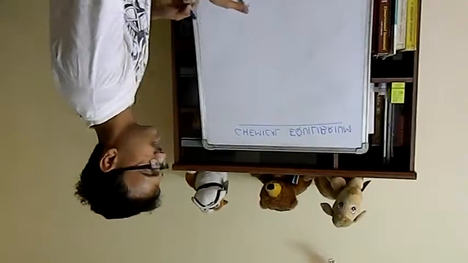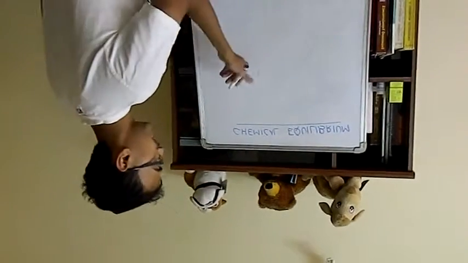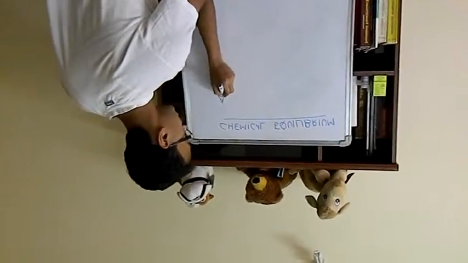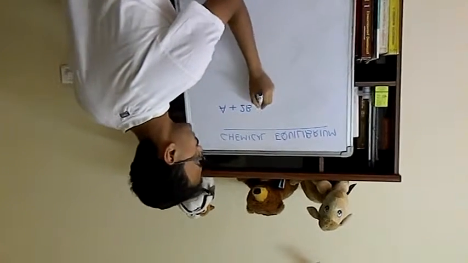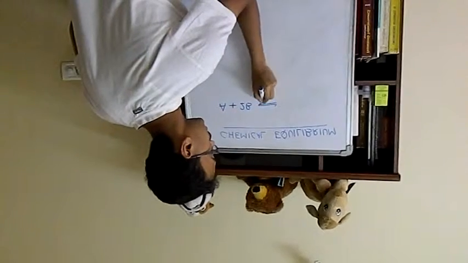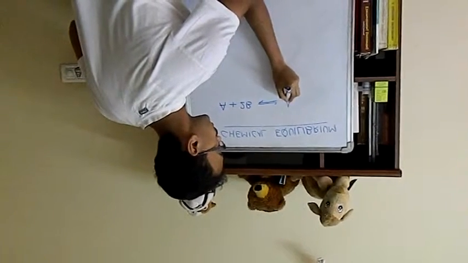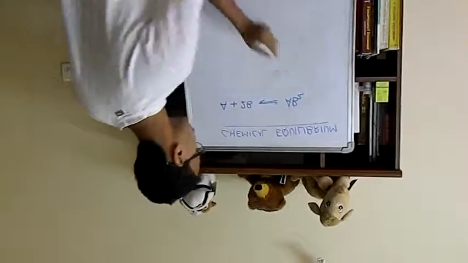So let us consider an equilibrium reaction where a compound A reacts with two equivalents of compound B to give this compound AB2.